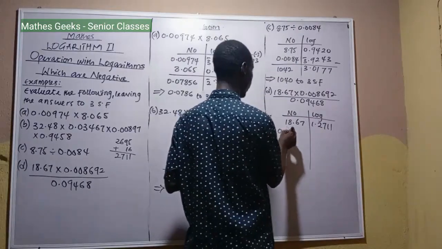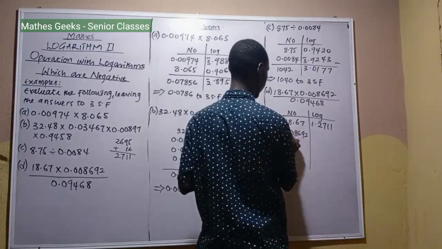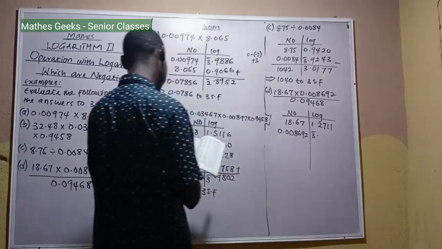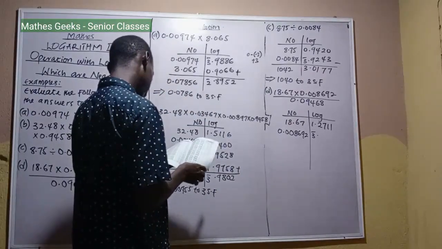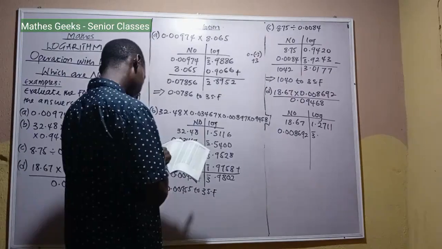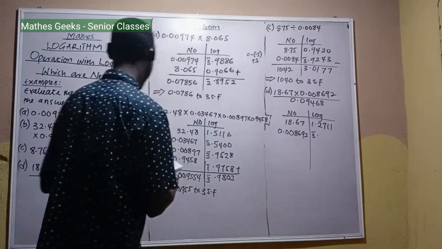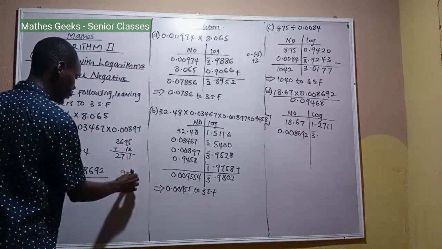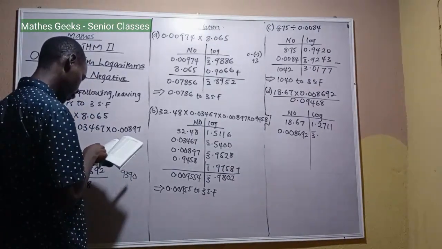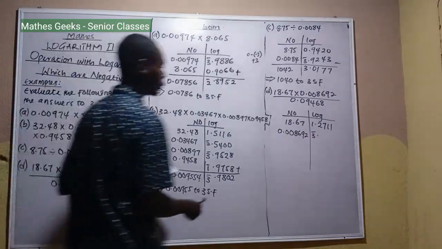So next one, 0.008692, about bar 3.86 under 9. 86 under 9 is 9390. Difference 2. 86 under 9, difference 2 is 1. So 9391.